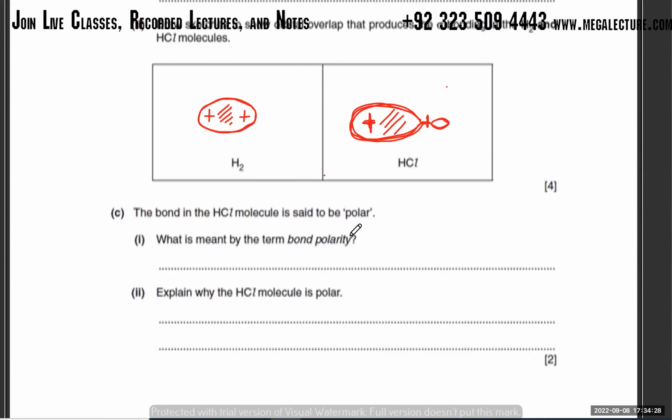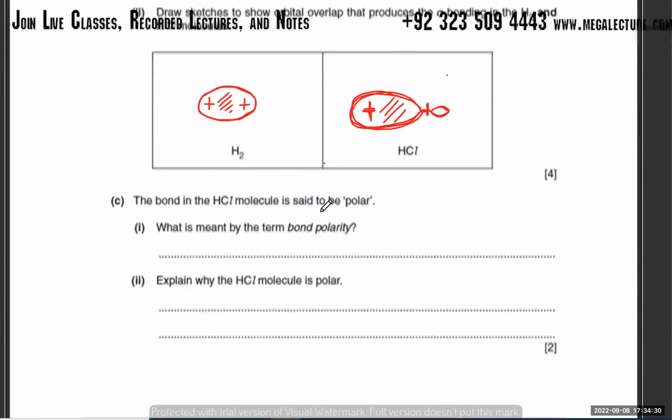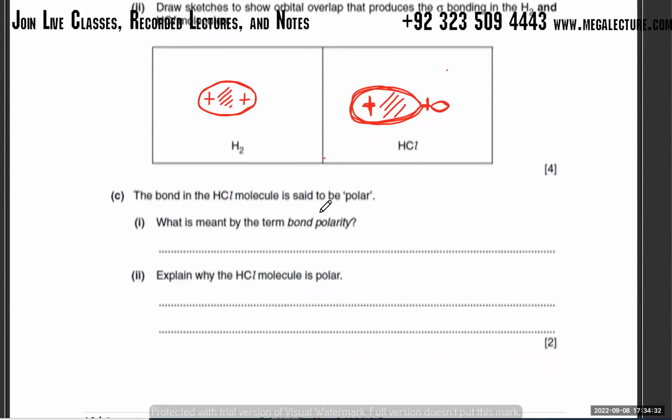अच्छा, bond polarity, we've already studied this. We've got polar bonds. Why do we have polar bonds?